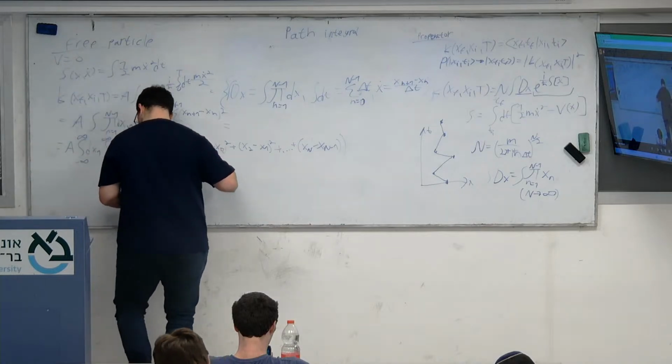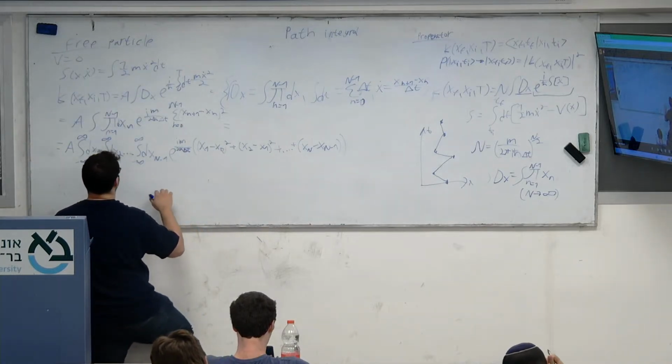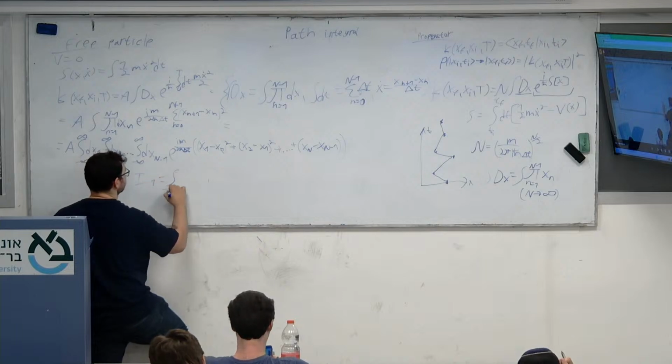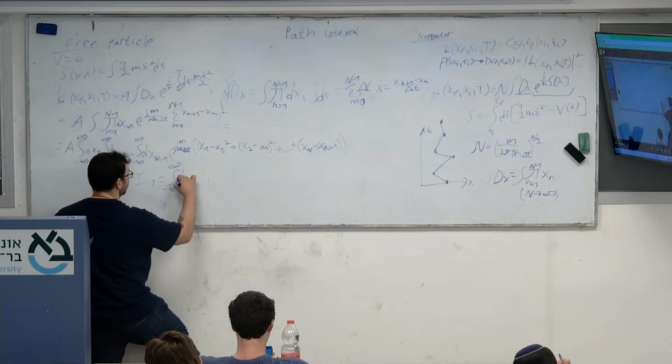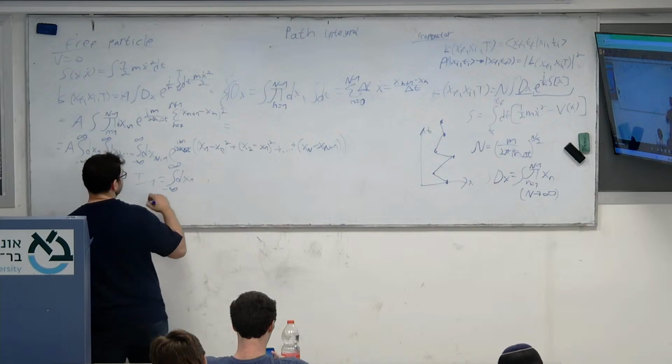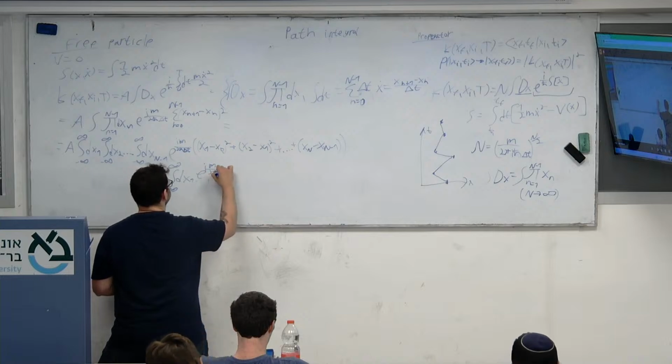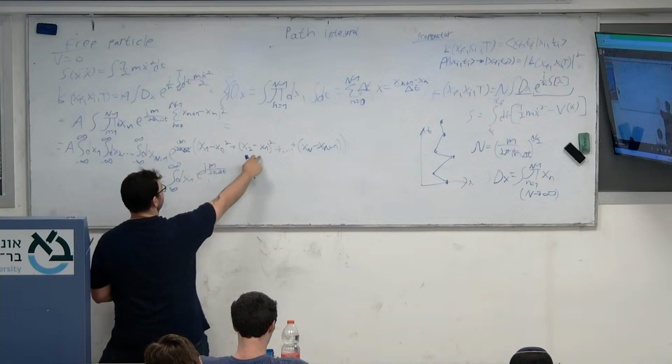Right. Now, let's do this one part at a time. I1 is the integration from minus infinity to infinity of dx1 e to the i m over 2 h bar delta t. Now the only terms that have x1 are the first two terms.